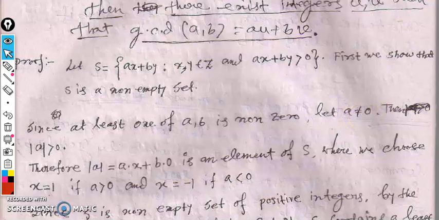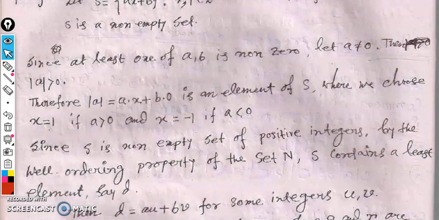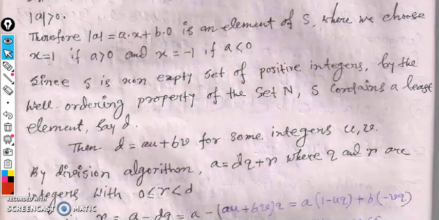Therefore, according to the well ordering principle, this set must have a least element. The well ordering principle says that every non-empty subset of the integers must have a least element.